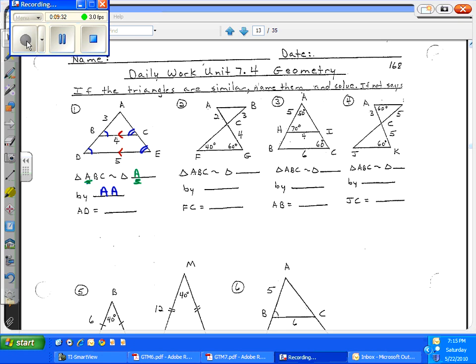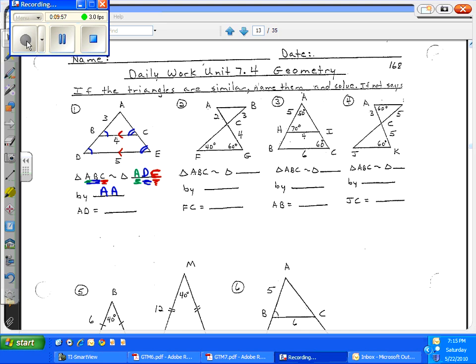Angle B was equal to angle D because they were corresponding, so we're going to put B and D in the middle. Angle C is last. It was equal to angle E. It was corresponding to it, so E goes last. We want to find AD.